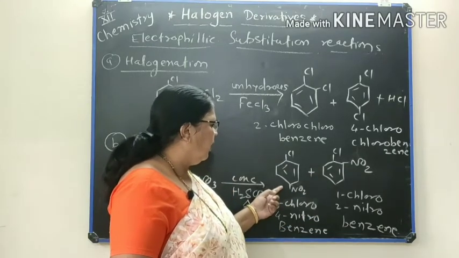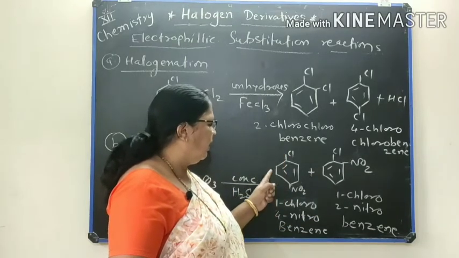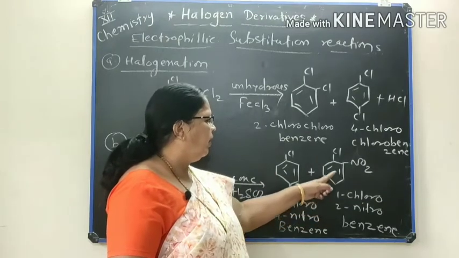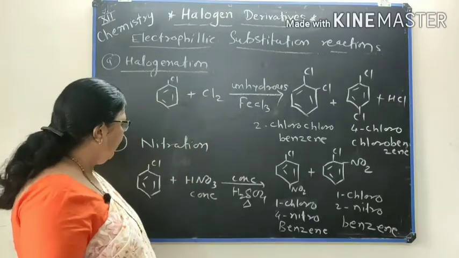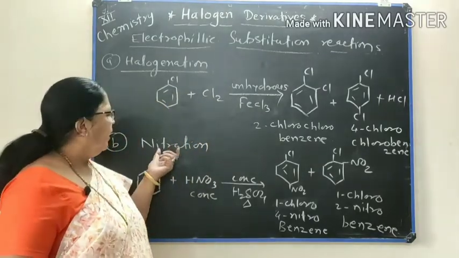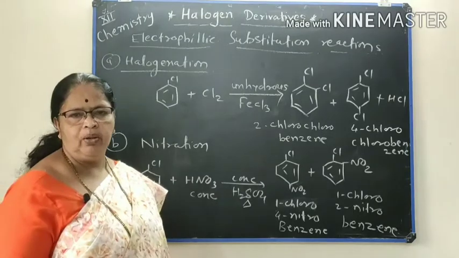Here major product is 1-chloro-4-nitrobenzene and minor product is 1-chloro-2-nitrobenzene.